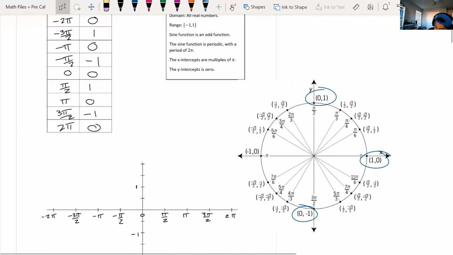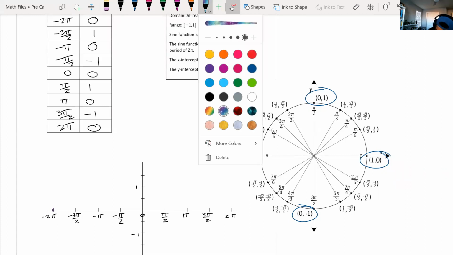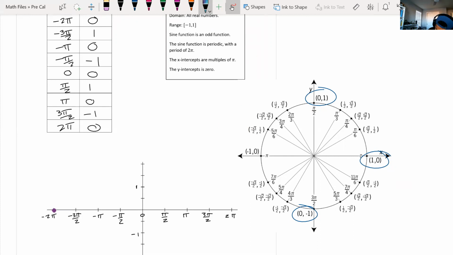So at -2 pi, we're at 0. -3 pi over 2, we are at 1, and then 0, and then -1, 0, 1, 0, -1, 0.